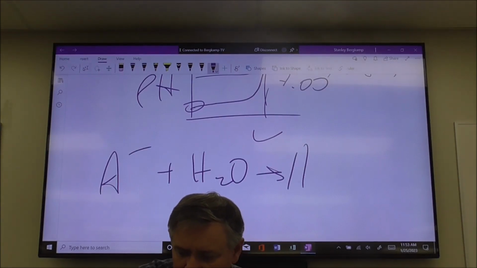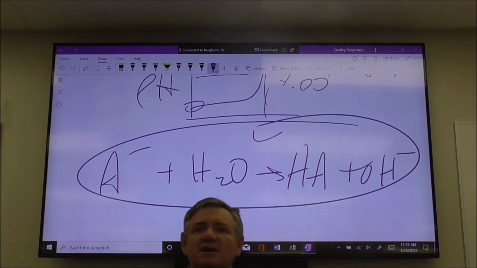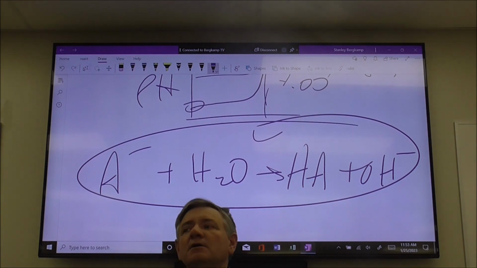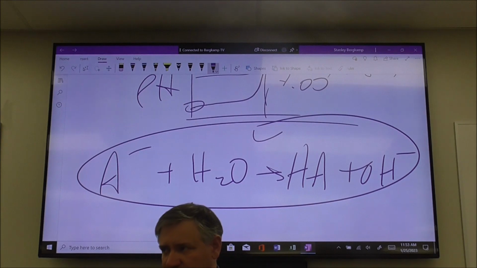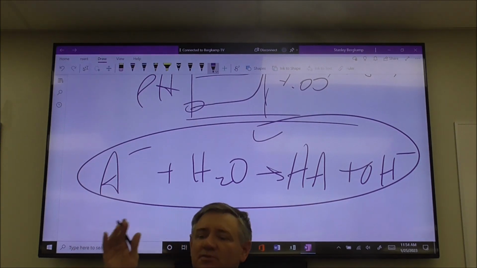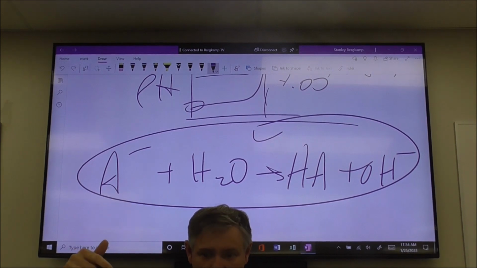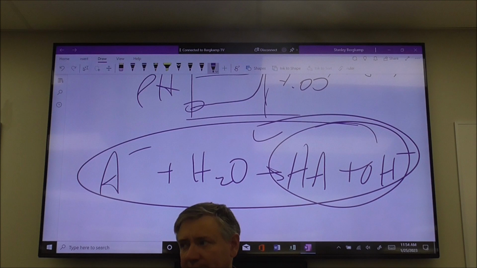You're going to reform the acid. You're going to generate hydroxide ions, and the pH is going to go up. Okay? So mathematically, the moles are the moles, and you're going to neutralize it. But the reason that your equivalence point pH is higher is because of this secondary reaction. Okay? Cool with that. Got it.